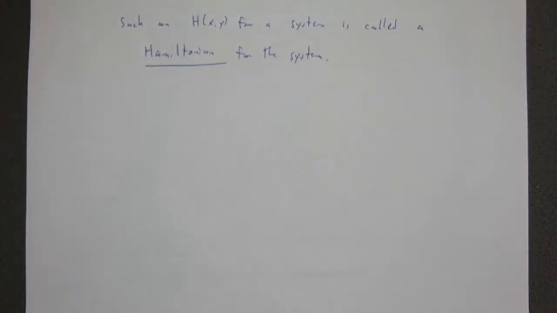This is why we've been using that letter big H all this time. I hinted at this. Maybe I even introduced this term back in chapter 1. I can't remember, but this is the reason why we've been calling this thing big H. This is an example of something called a Hamiltonian for the system.